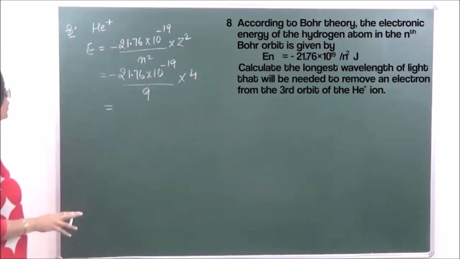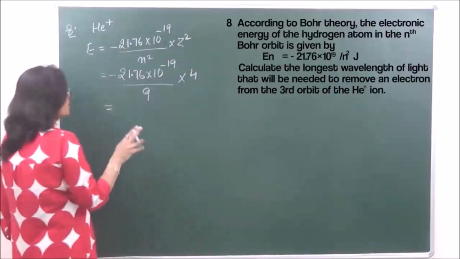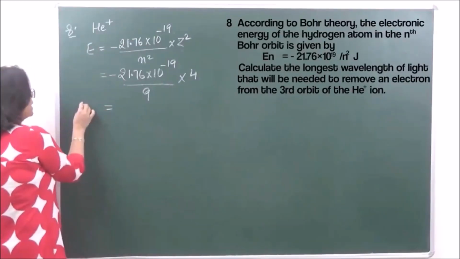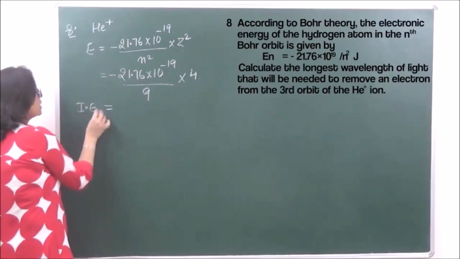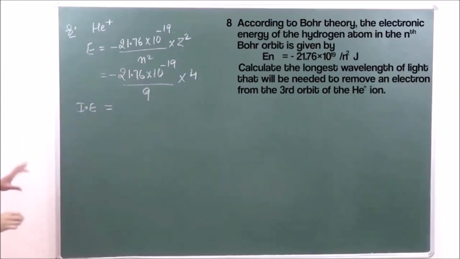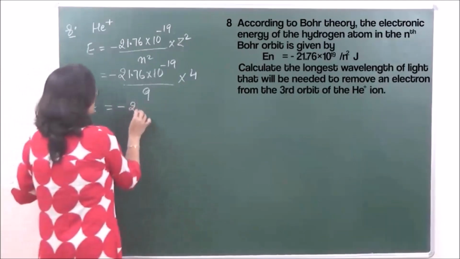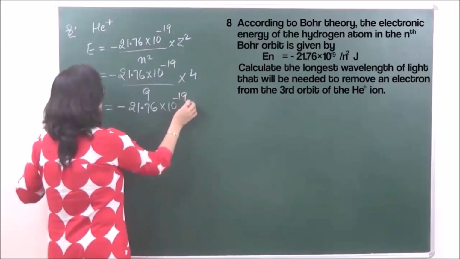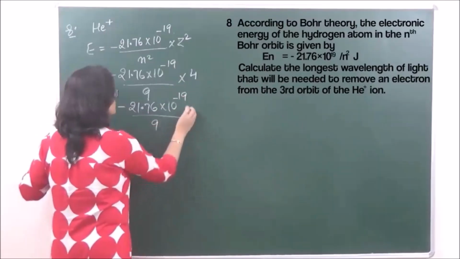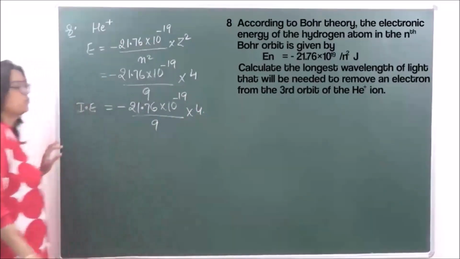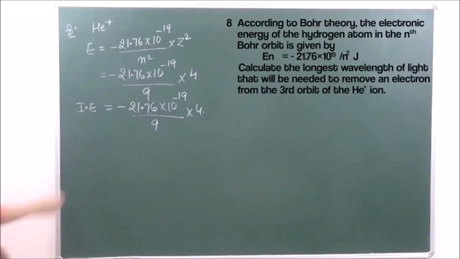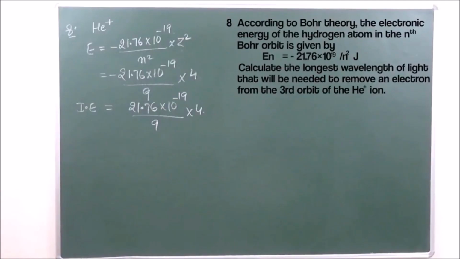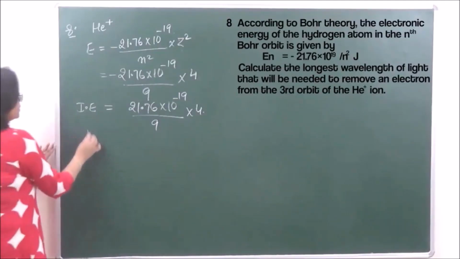Now when we are talking of ionization energy, we will get a positive sign over here. So the ionization energy, or the energy required to remove the electron from this state, is going to be minus 21.76 into 4, so this is going to be positive. This is the ionization energy. Now what is lambda?